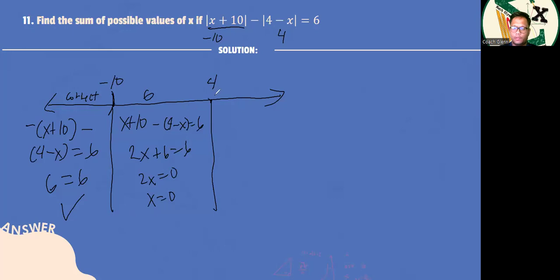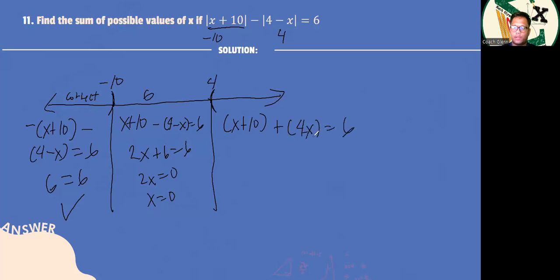Okay, next, let's go here. As we can observe, we can use 5. So 5 plus 10 is 15, so your absolute value function won't change. So that's still x plus 10. If we substitute 5 here, this is negative, so you need to multiply negative 1 to your absolute value function. So that will become plus 4 minus x is equal to 6.